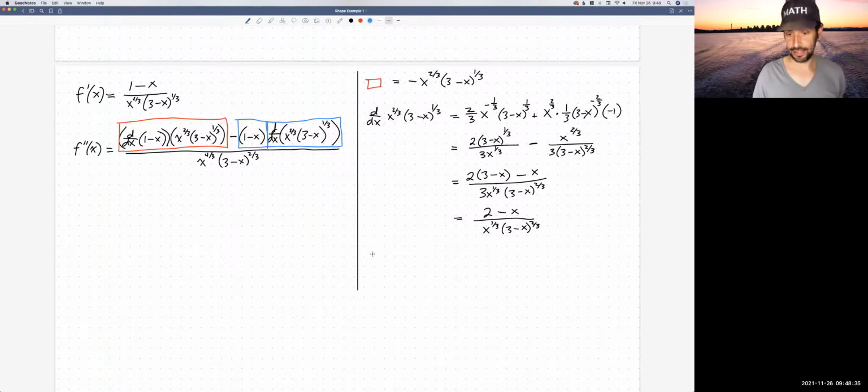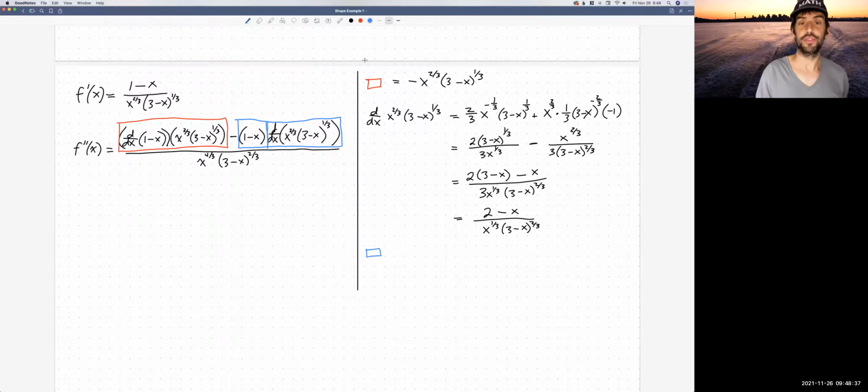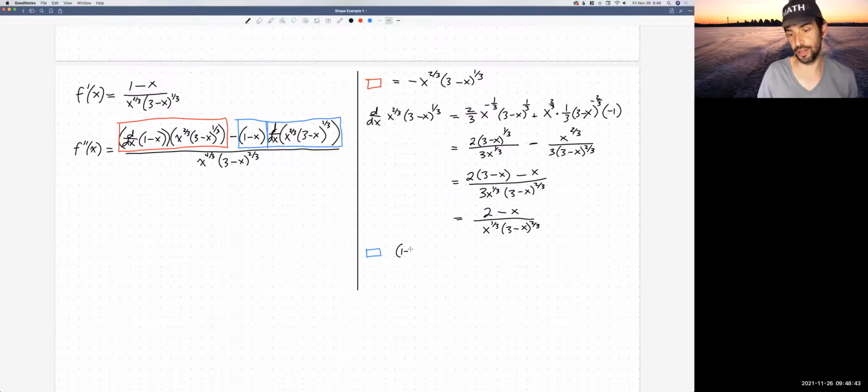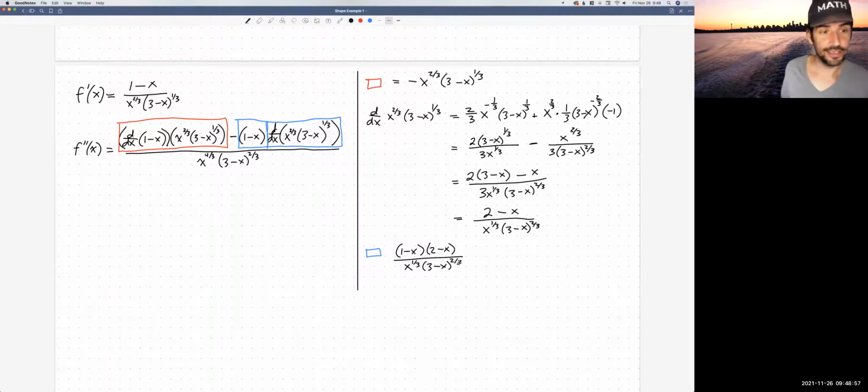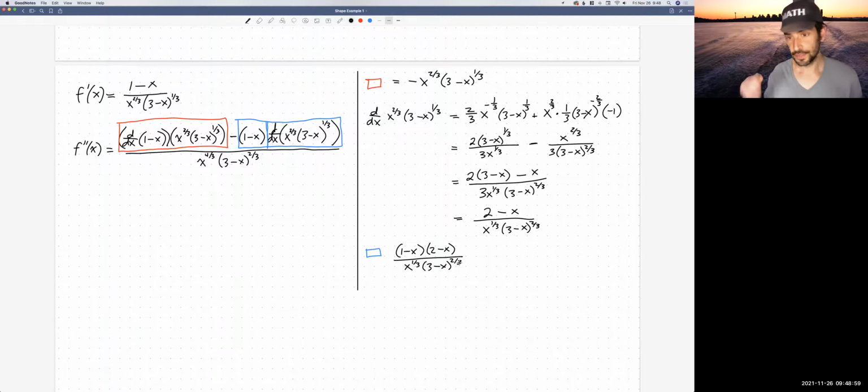When I combine that with that 1 minus x out front, I can just get a 1 minus x factor in the numerator. So I've got 1 minus x times 2 minus x all over x to the 1/3, 3 minus x to the 2/3. Okay. All right. Now we're getting somewhere.